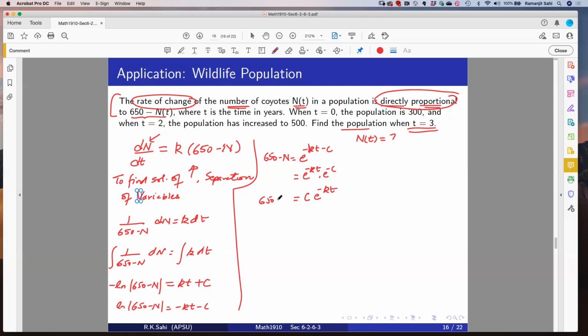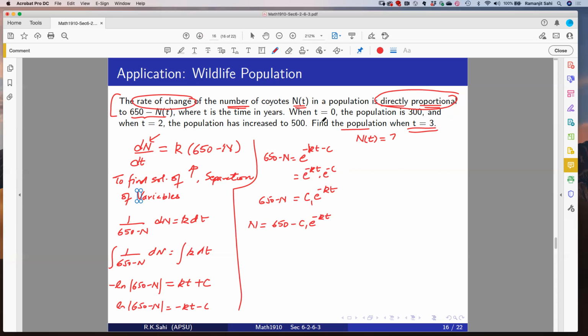So it's 650 minus n equals c times e to the power negative kt. Just to make it a little different, I can write this as C1. It does not matter, it's a constant, guys. Now, that means n equals 650 minus C1 e to the power negative kt. So this is my general solution.